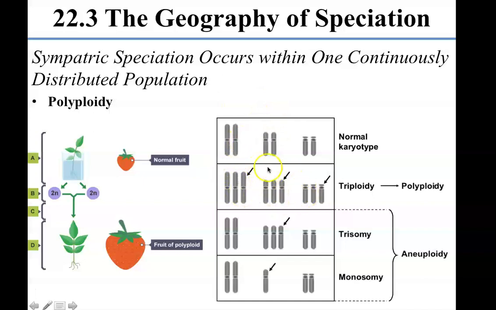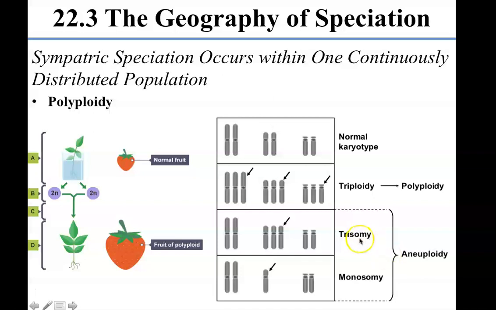And how will this one mate? Well, oftentimes in plants, it will self-fertilize. This one will not be compatible with this one, so it'll self-fertilize. And so its offspring will have that extra set of chromosomes, and again, over time, it becomes a separate species.